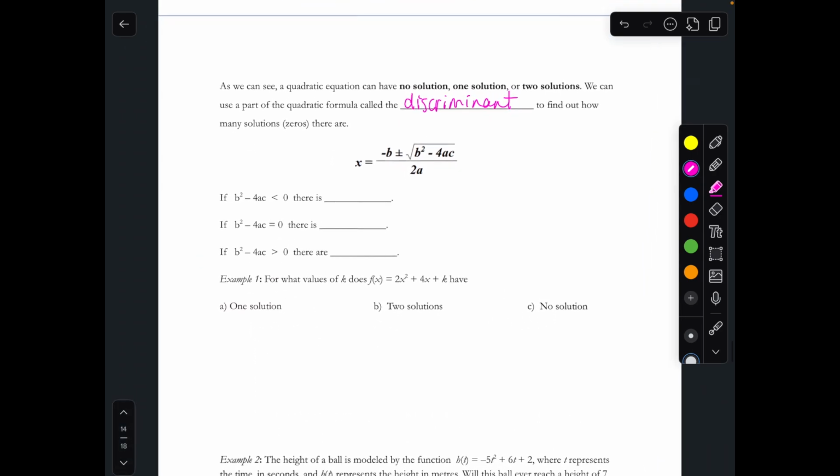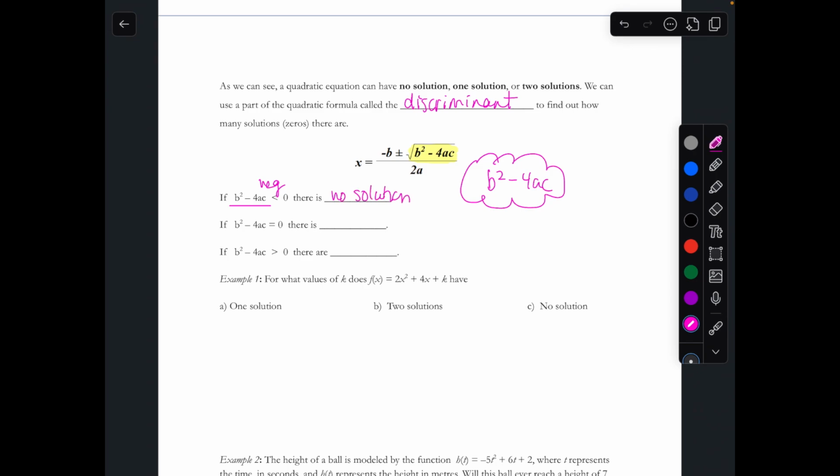So when I go to check to see how many solutions I have, I don't need to do all the work. All I need to do is just look at b squared minus 4ac. This is the part we call the discriminant, okay? And if b squared minus 4ac is negative, there is no solution.